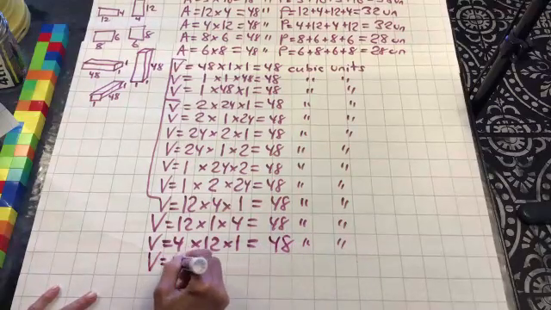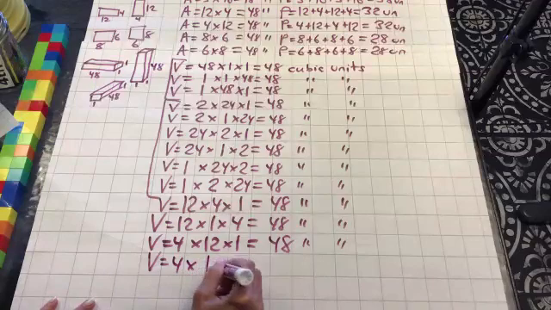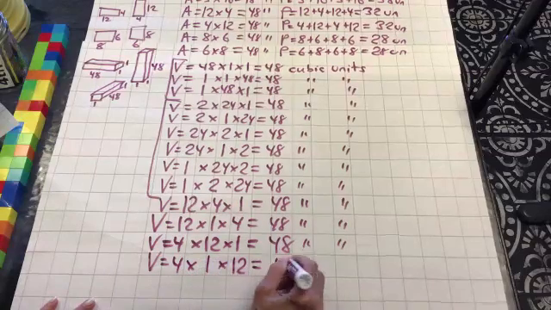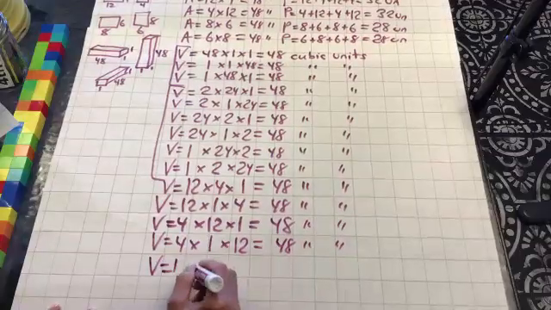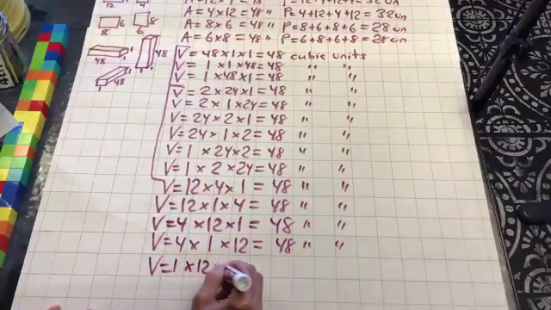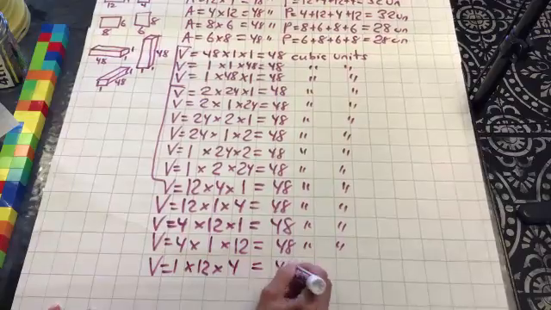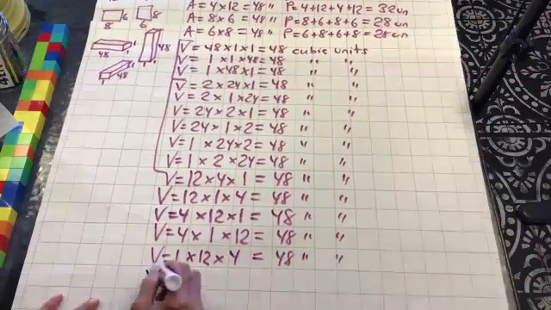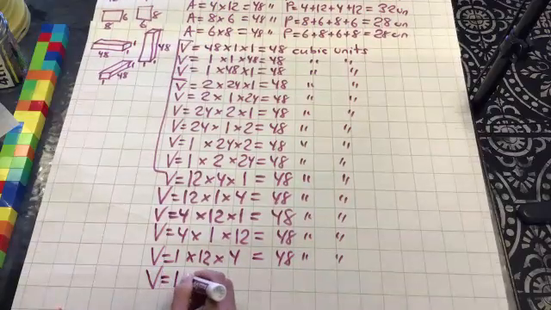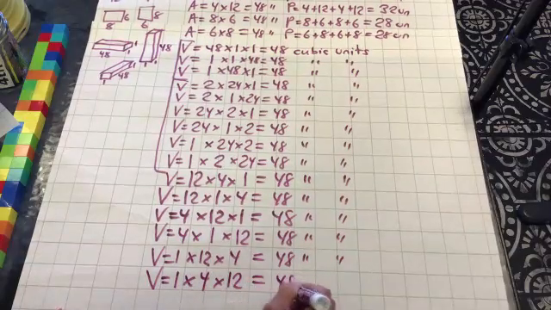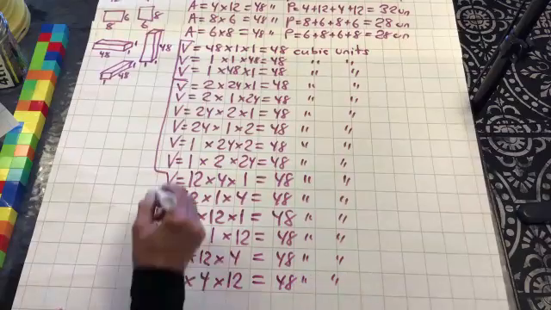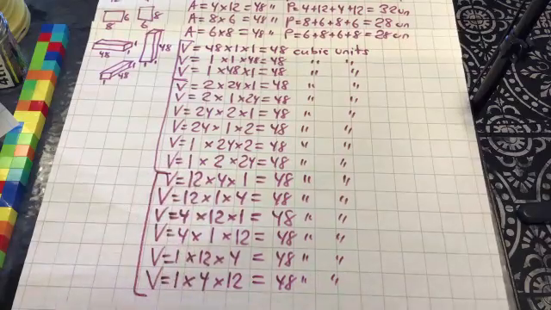Then we have a 4 wide by 1 deep by 12 tall. And then we have a 1 wide by 12 deep by 4 tall. Then we have a 1 wide by 4 deep by 12 tall. Jeez, and there's that family.